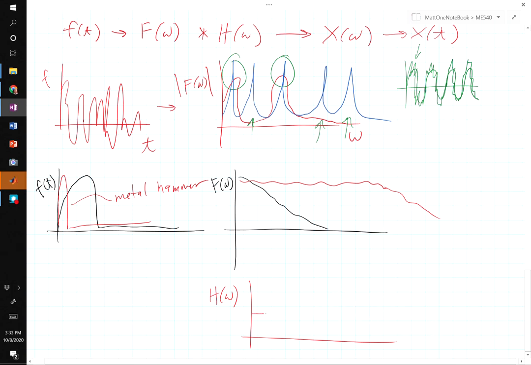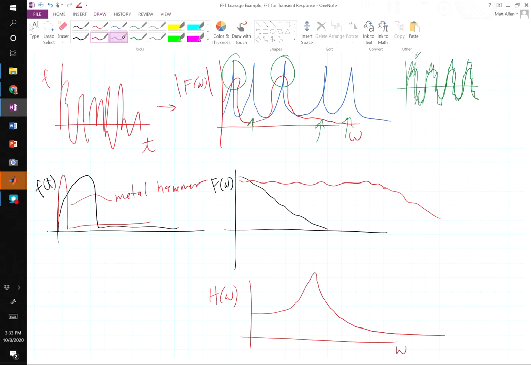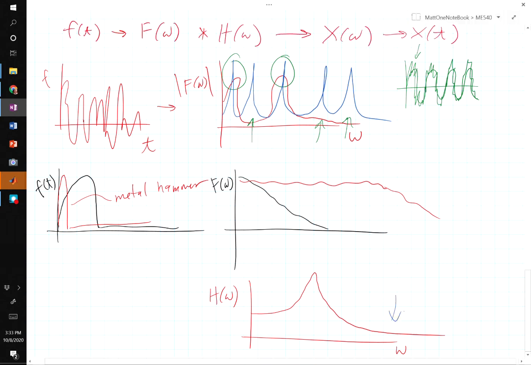Actually, let me exaggerate that a little more. That look like this. So at these frequencies, the signal is going to be lost. At these frequencies, the signal would be distorted, right? And in this range, we can get an accurate measurement. We'll talk about that later when we talk about accelerometers.